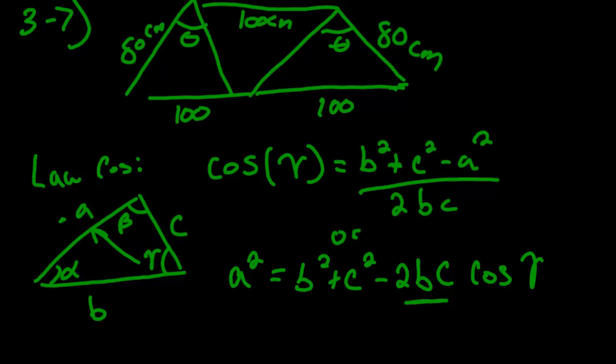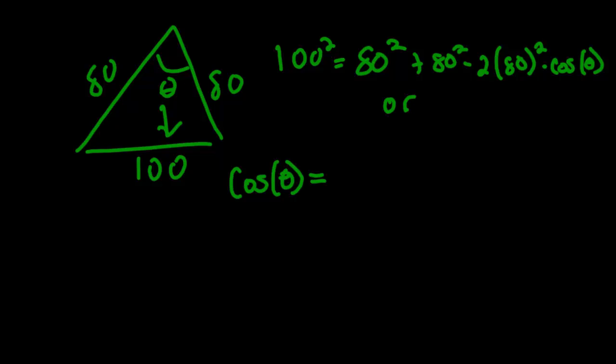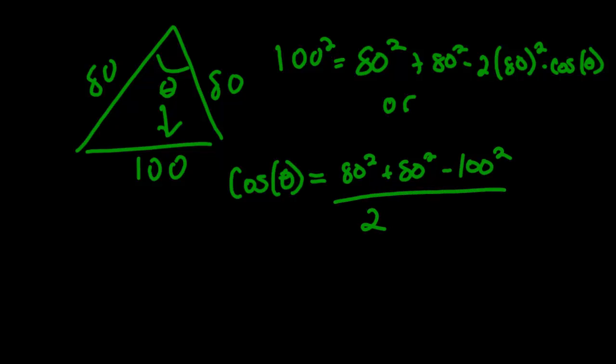80 squared plus 80 squared minus 100 squared over 2 times 80 squared. Because remember that side A is the 100 because it's the opposite side of the angle that we're looking at. So we have 80 squared plus 80 squared minus 100 squared over 2 times 80 times 80, which we can just rewrite as 80 squared.